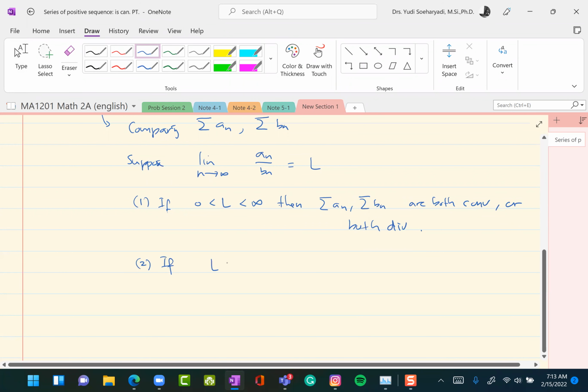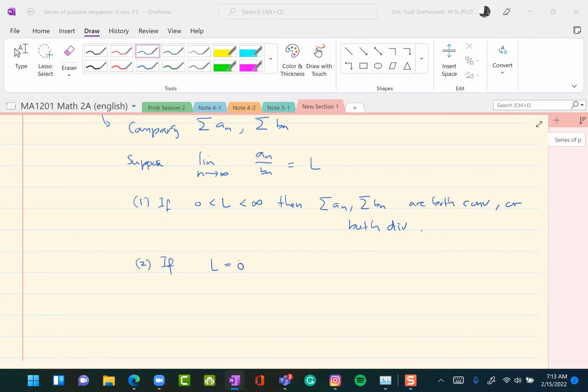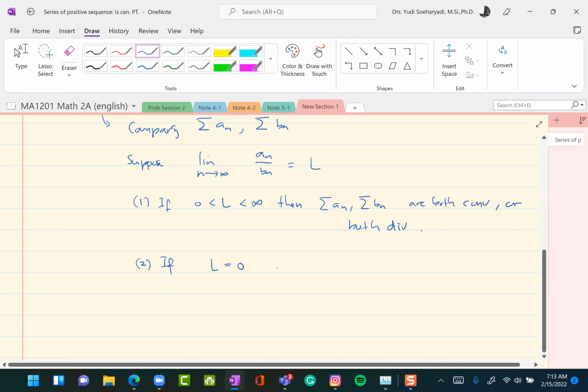If L is small, so b_n is much larger than a_n, and if the larger one converges, then the smaller one also converges.